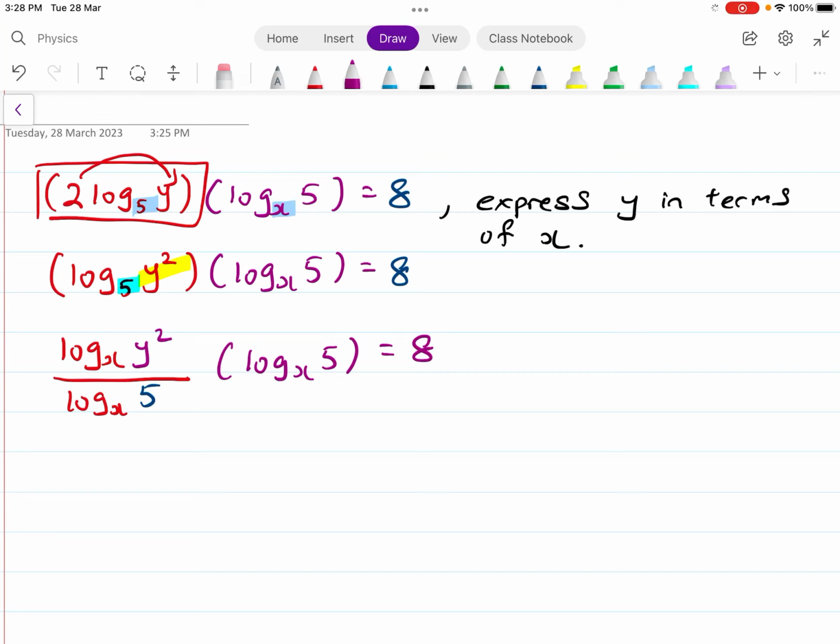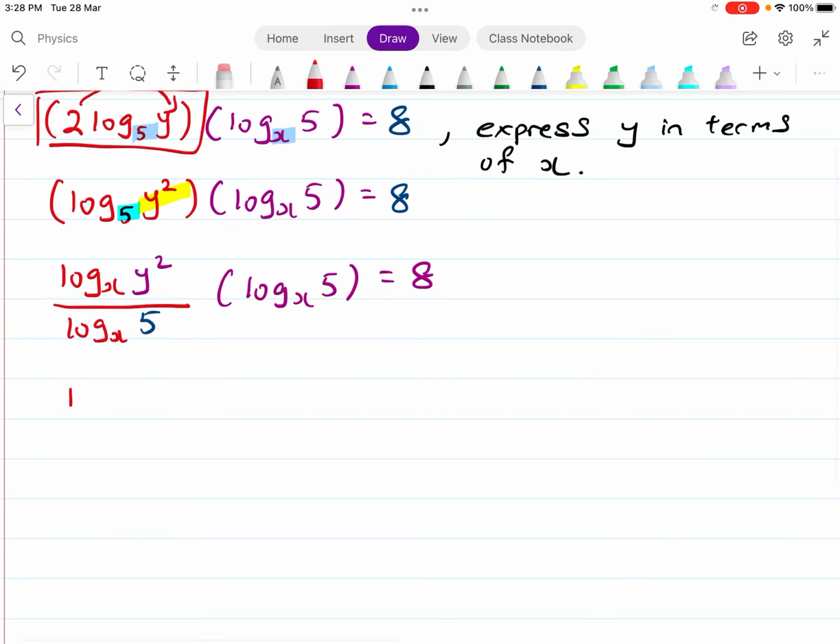Okay, so after that, you continue to do a bit of manipulation. First, log x y square over log x5, then you multiply by log base x5 equal to 8. Then you look at the left hand side.